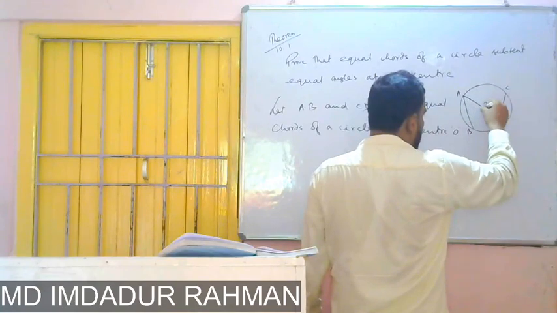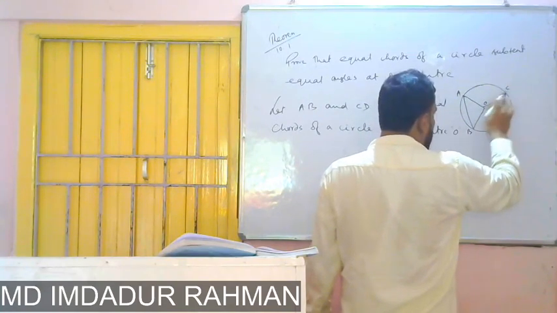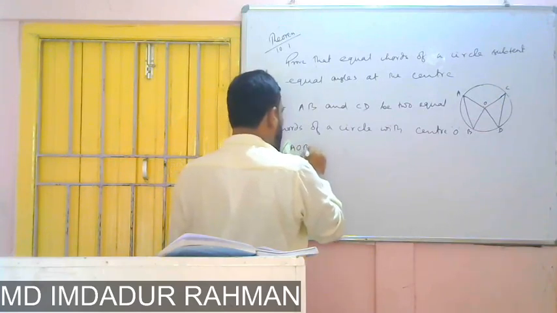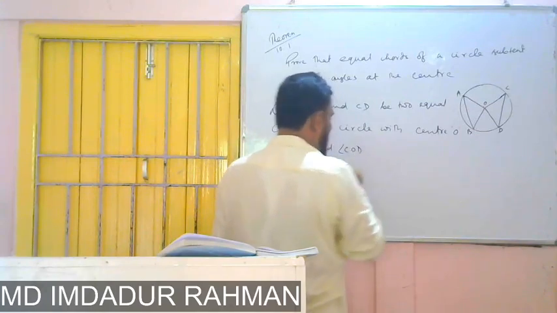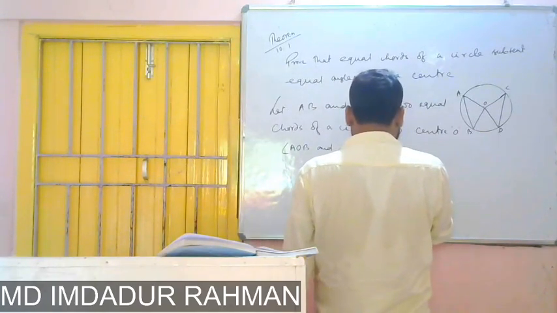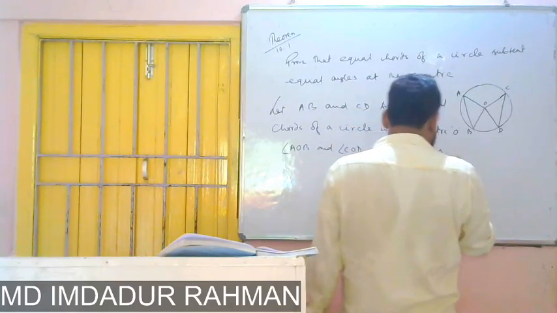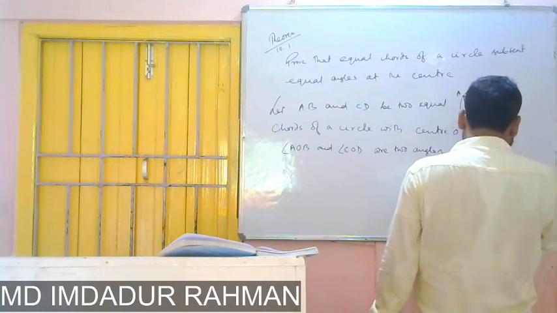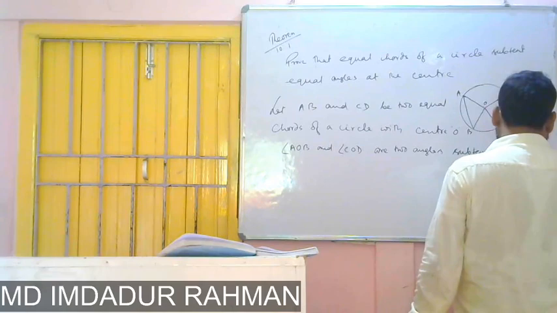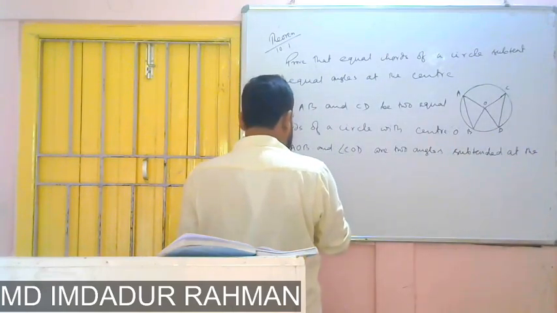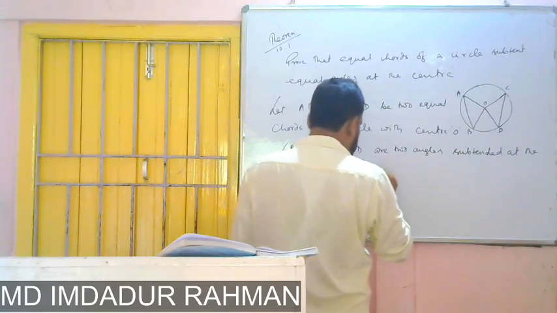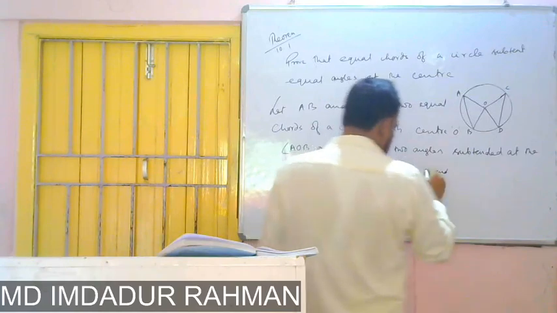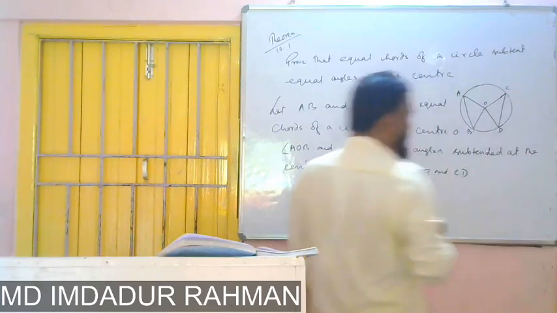So angle AOB and angle COD are two angles subtended at the center by the chords AB and CD.